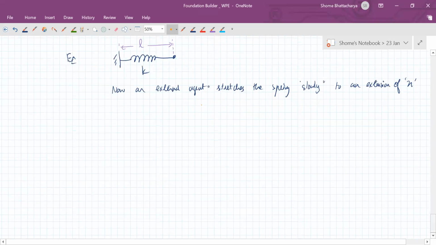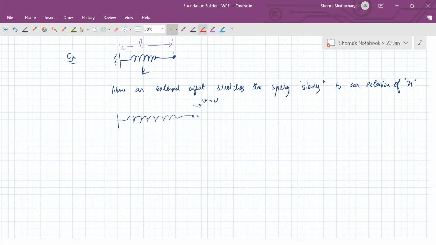So what is happening is, as the spring is extending, this point has to keep moving, very slowly, but still it has to move so that the spring extends. The external agent has to apply force like this, whereas the spring's internal force will be like this.